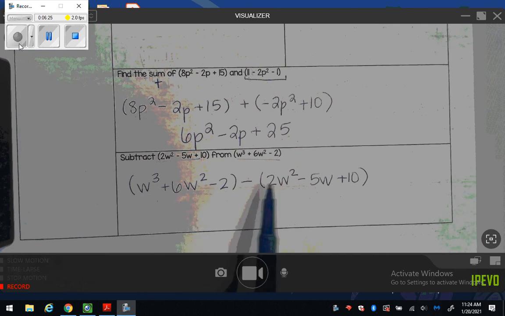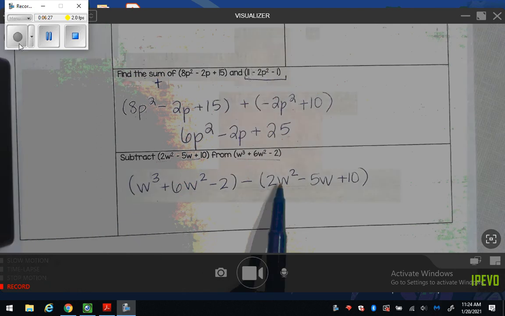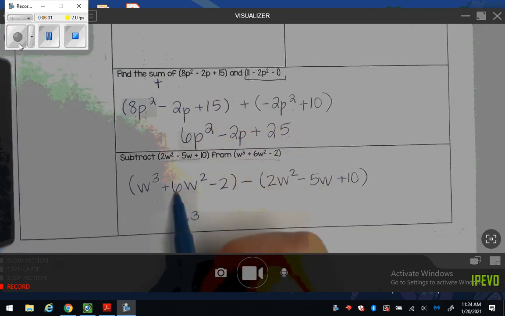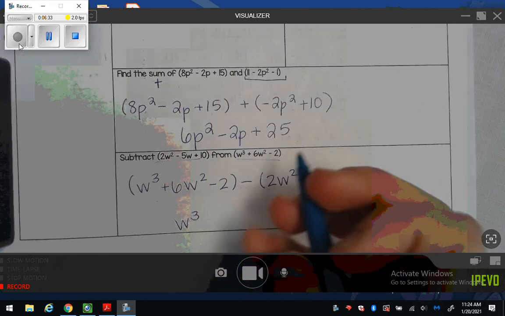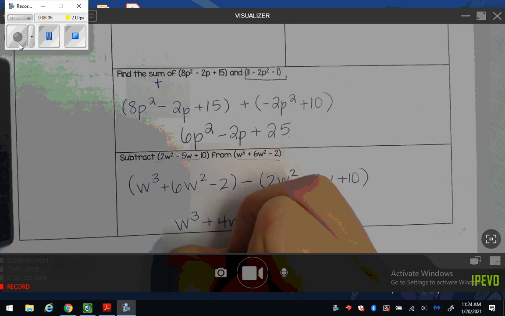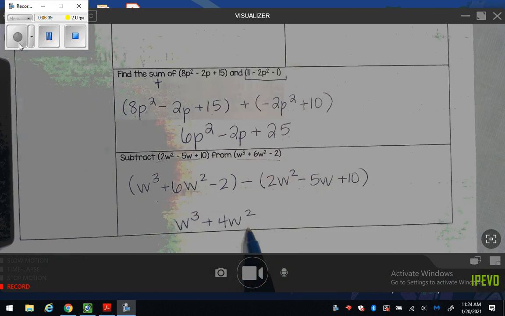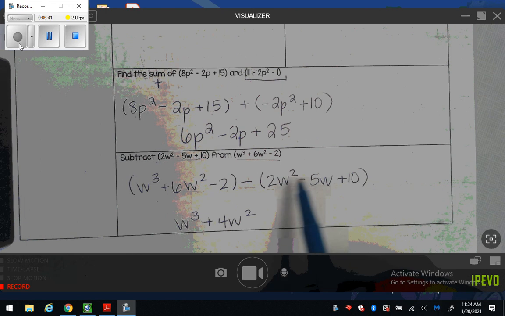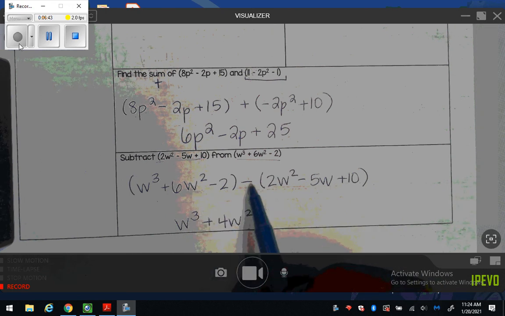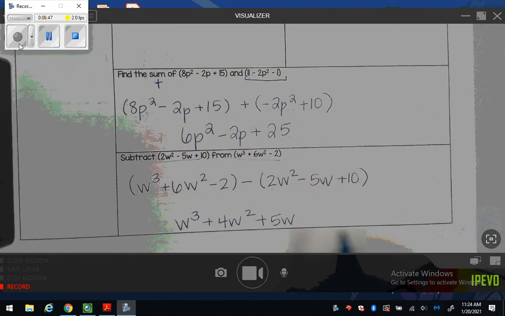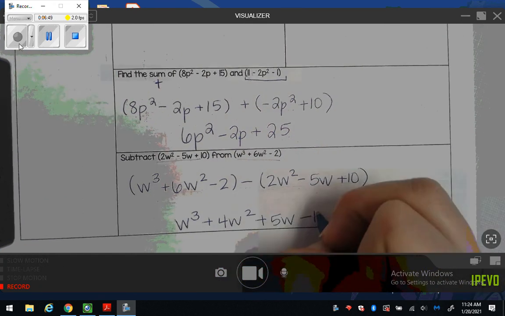This is squared, so it's like w cubed minus 0. So that's w cubed. 6w squared minus 2w squared is 4w squared. I apologize. Now this has a w, but this does not. So it's 0 minus negative 5w. So it's positive 5w. And negative 2 minus 10, which is negative 12.